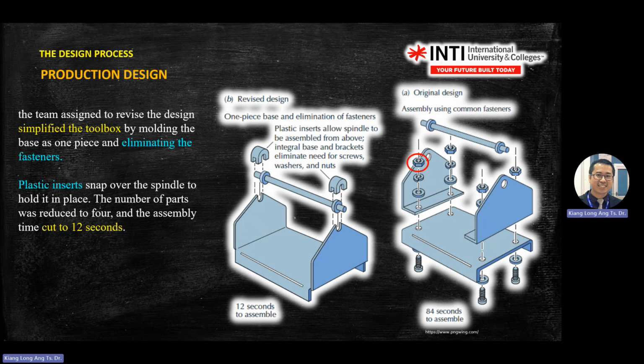You are making a toolbox in this shape with a handle, and you can install something in the middle. So now you have already iterated and revised your design from 84 seconds to 12 seconds. Can you further improve the design?